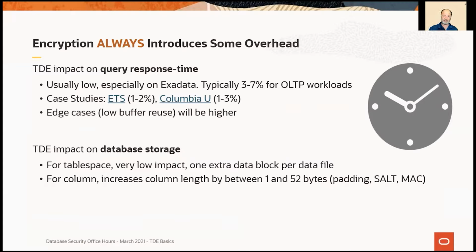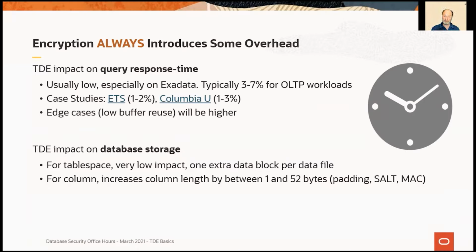In most cases, the overhead for transparent data encryption is fairly low, especially if we're talking tablespace encryption. We usually figure for around 3 to 7% throughput delay. Okay, so response time delay of between 3 and 7% for OLTP workloads. And that is frequently a very safe estimate.